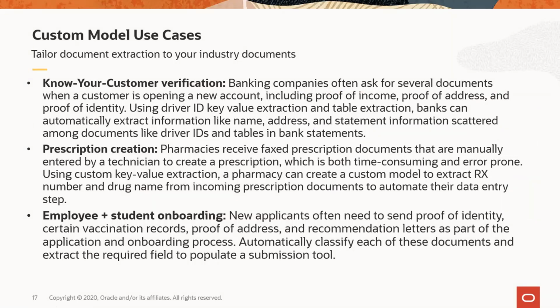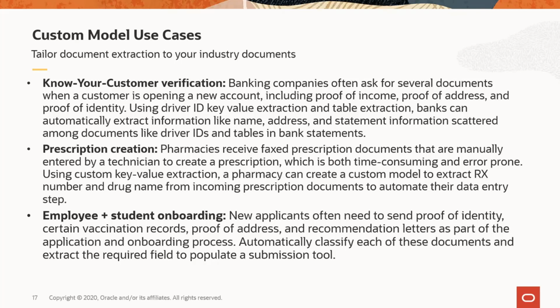But some scenarios, if you're in the financial services sector, this could be used for KYC verification, where a lot of times a banking company may ask for many different types of documents to show proof of income, proof of address, proof of identity. So maybe there's certain supported documents that you would allow a customer to submit that show proof of address, and you can create your own custom key value extraction model to extract the address from that document that you allow.